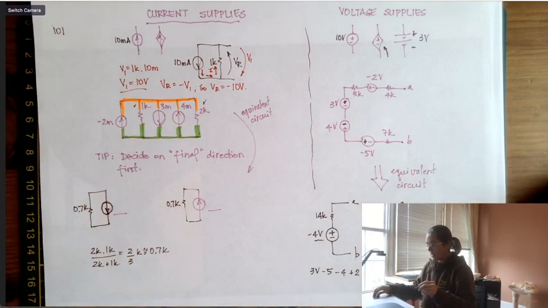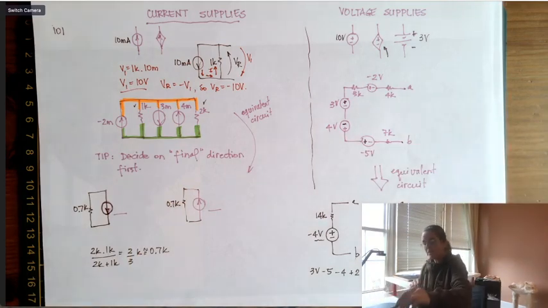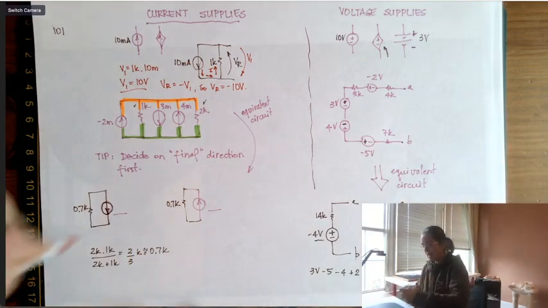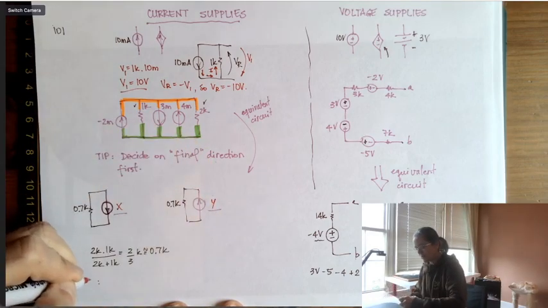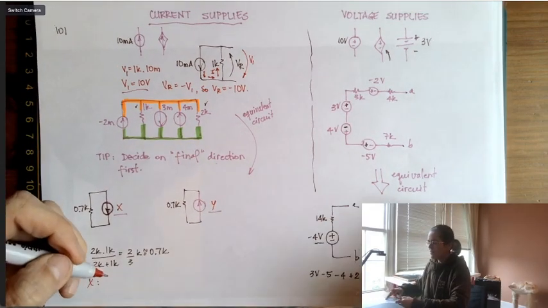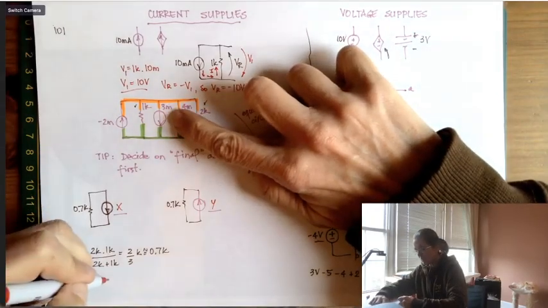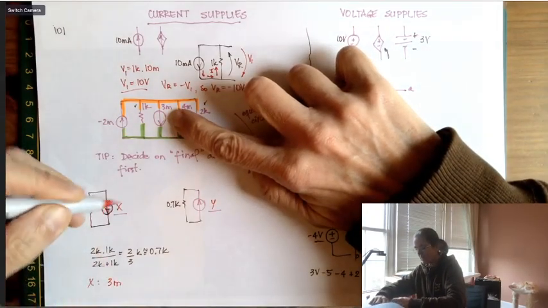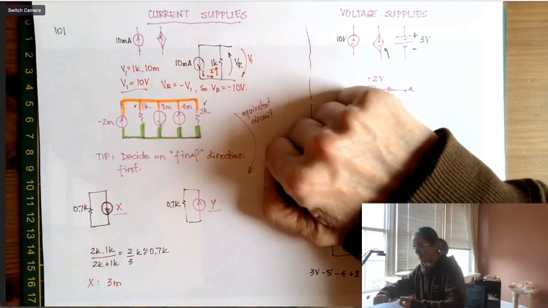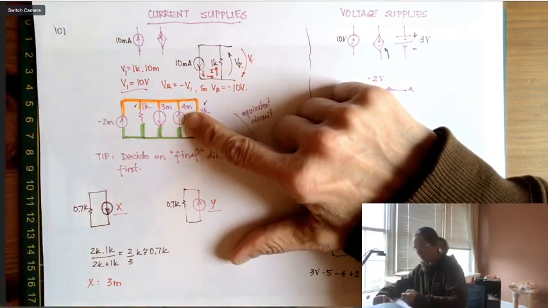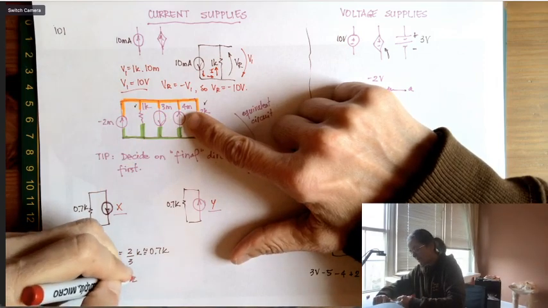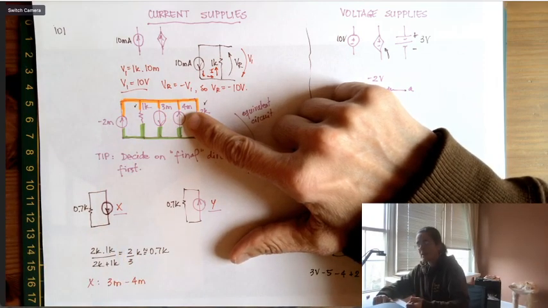So this one here, I'm gonna write in red my X, and this is gonna be Y. So for X, the 3 milliamps are going down, so they are in the same direction as my X, so I'm gonna give 3 milliamps to X. The 4 milliamps are going the other direction, so instead of adding to the 3, they're gonna subtract from 3.